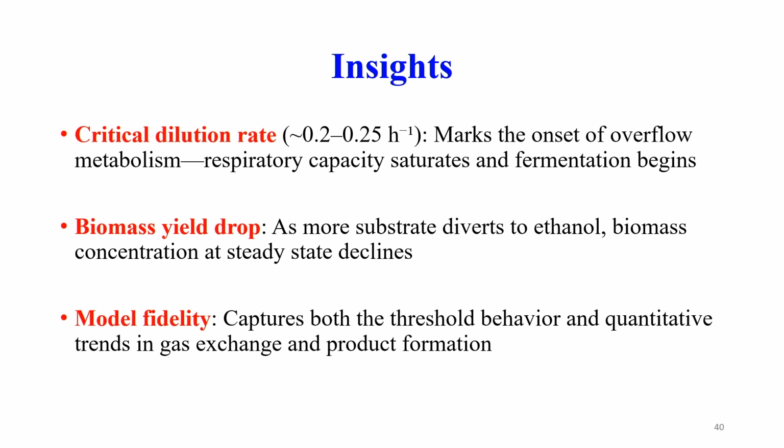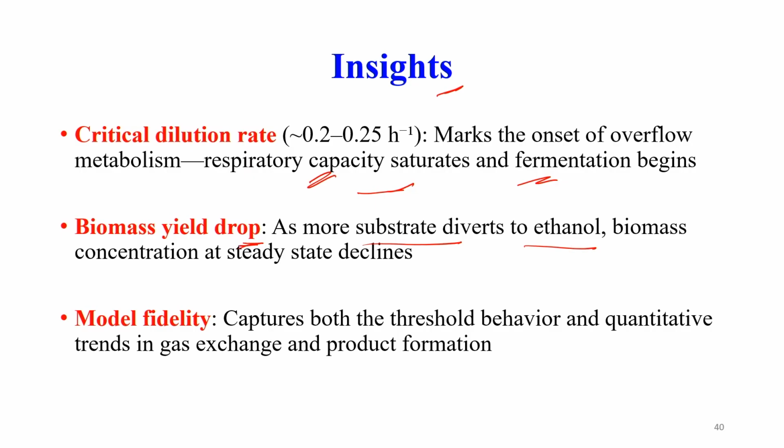Now, what are the key insights here? The first is the critical dilution rate. It marks the onset of the shift between respiration and fermentation, and biomass yield drops as it is converted to ethanol during fermentation.